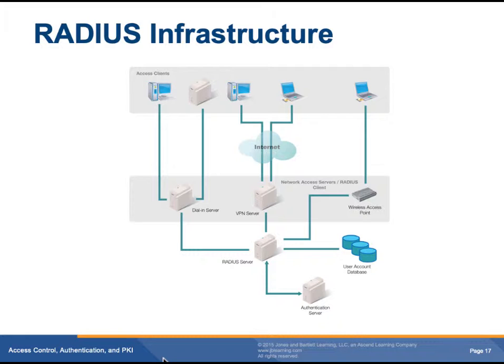Above that is the VPN server that's passing through the internet. Okay, always use VPN. The dial-in services is on the left-hand side of the screen, and on the right-hand side is a network access server along with the RADIUS client, and you'll see the wireless access point, the WAP, over to the right-hand side as well.